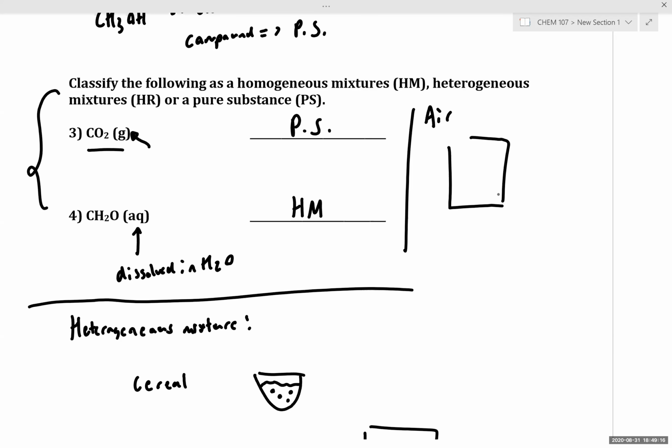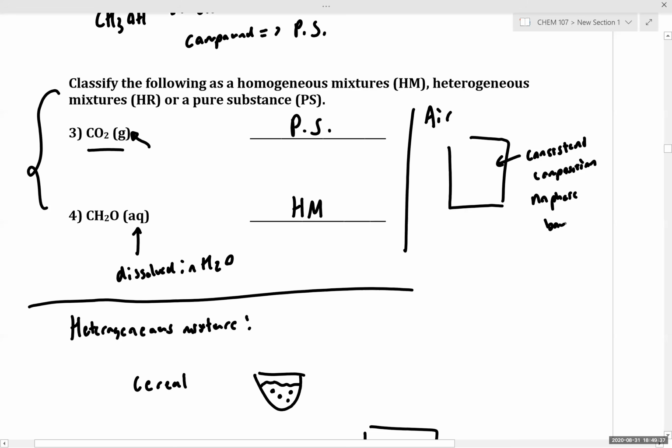Do you see any separation of phases? If you look around in your room, it's very consistent, right? There's no clear separation of phases. So air has a consistent composition, and it has no phase boundaries.